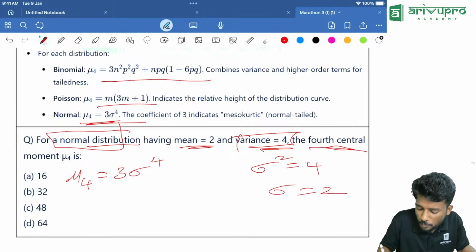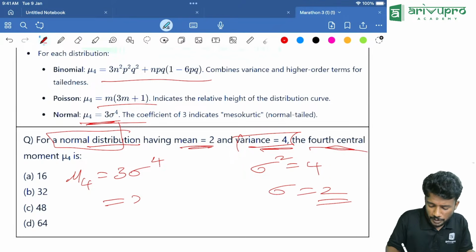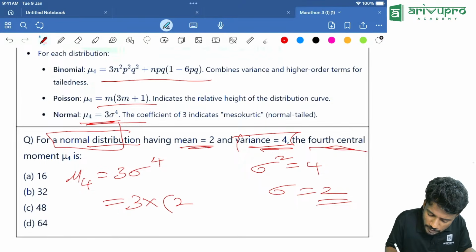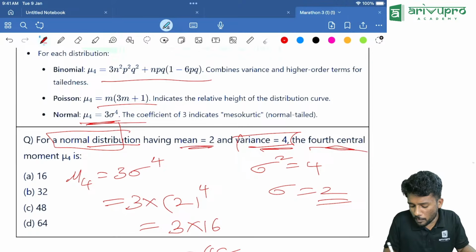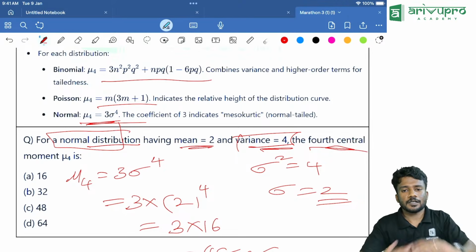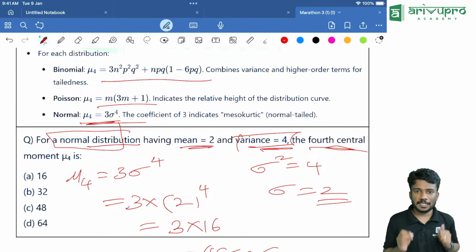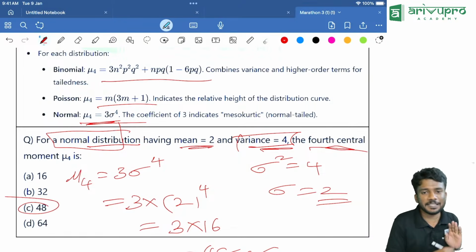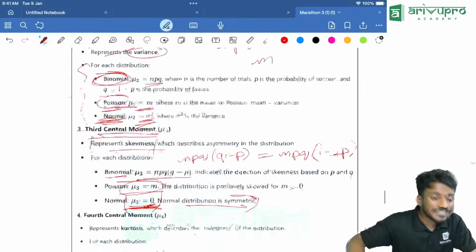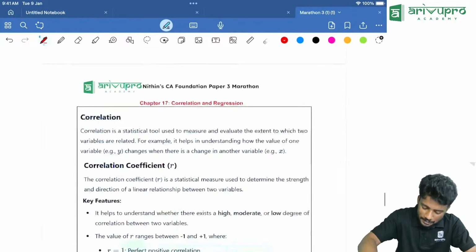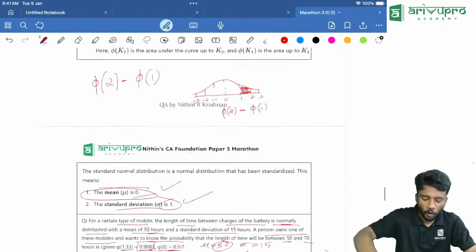So sigma is how much? 2. Just substitute here. 3 into 2 raised to 4, which is equal to 3 into 16, which is equal to how much? 48. Understood, people? Yes, the answer is how much? Option C. So this is the normal distribution in front of you.